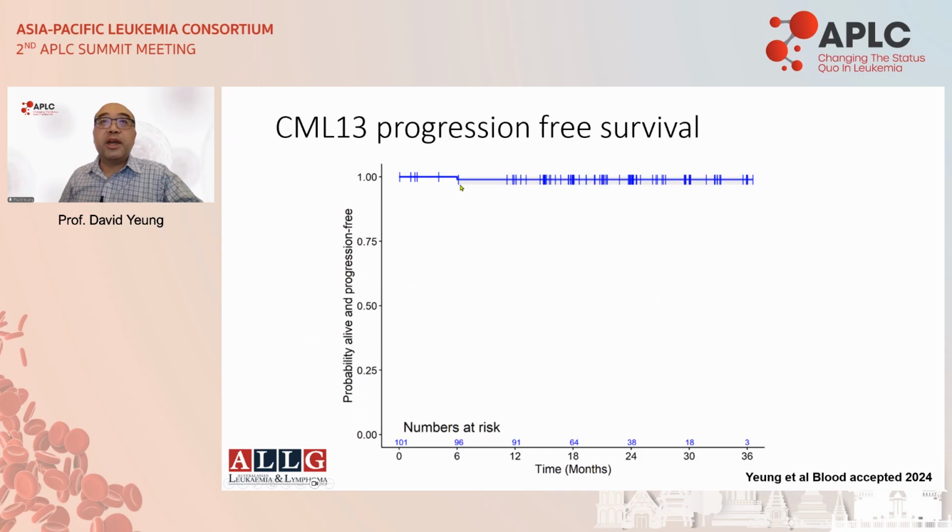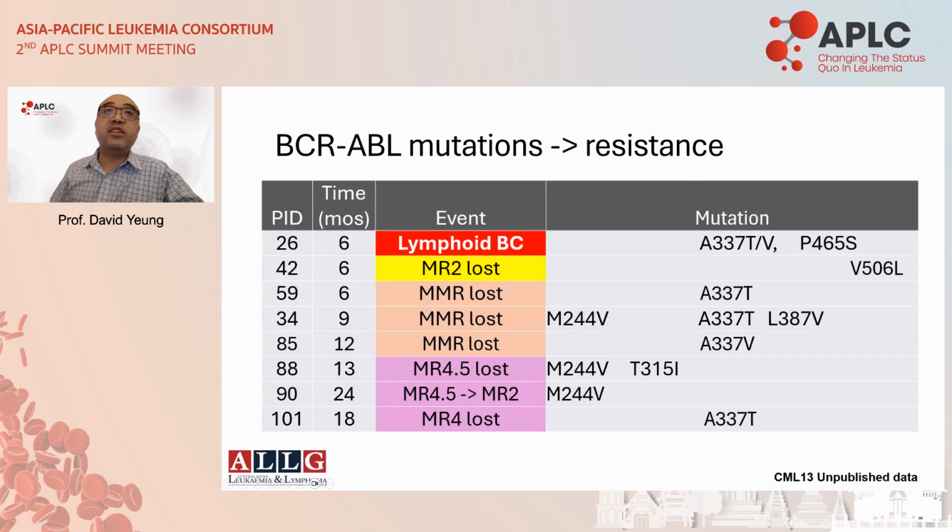We had 1 patient transform, but we did see a number of secondary resistant events, and we had 1 lymphoid blast crisis, as I said, and there were 7 or 8 patients who lost their previously achieved molecular responses. We found BCR-ABL mutations in all of these patients.